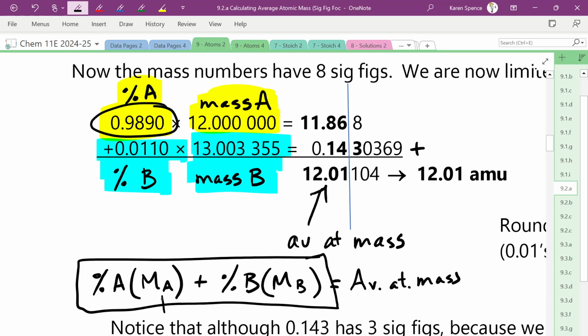You'll be given mass A, mass B, and the average atomic mass, and you have to find the percent A and the percent B. And the percent A is going to be X, and the percent B is going to be 1 minus X. Is this seeming familiar now? A little bit? Okay. So we go back to here.